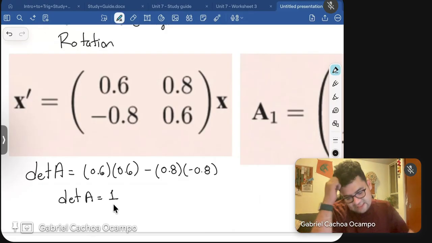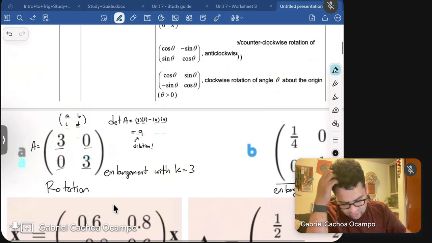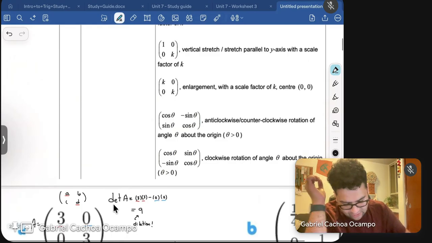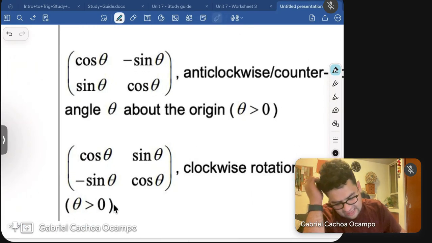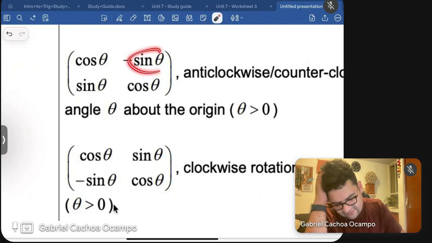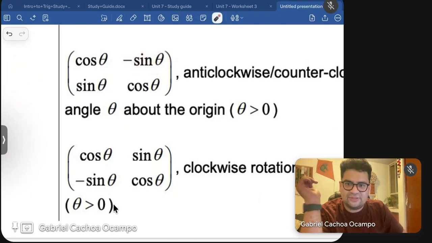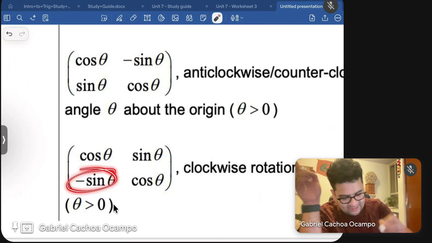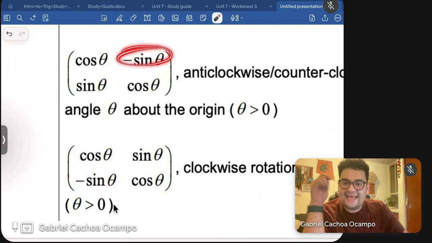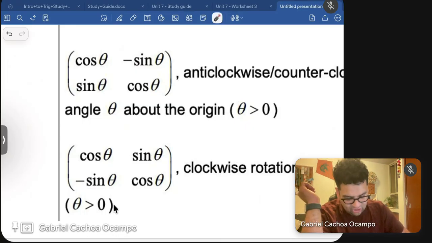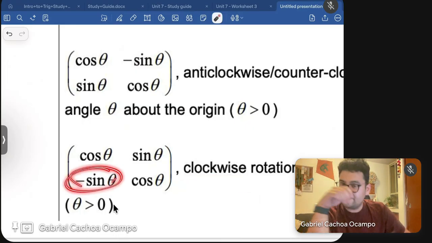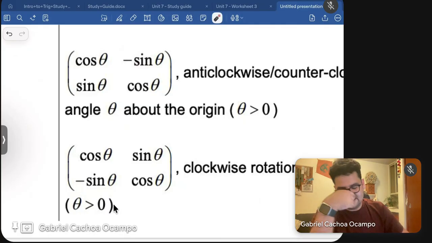Now I need to find out what type of rotation it is. If I go to the rotation formulas, the anticlockwise rotation has the negative sign in the upper left, and the clockwise rotation has the negative sign in the bottom right.